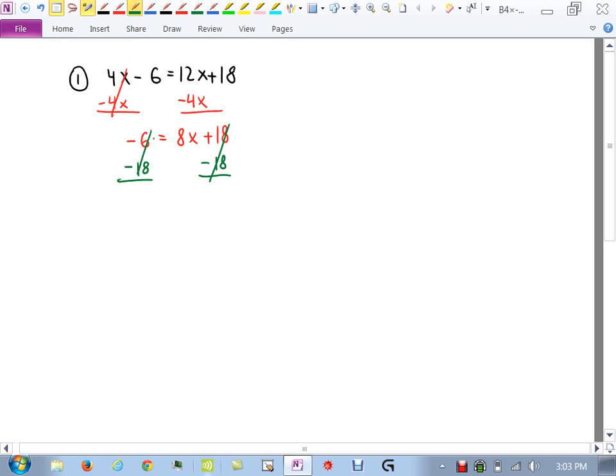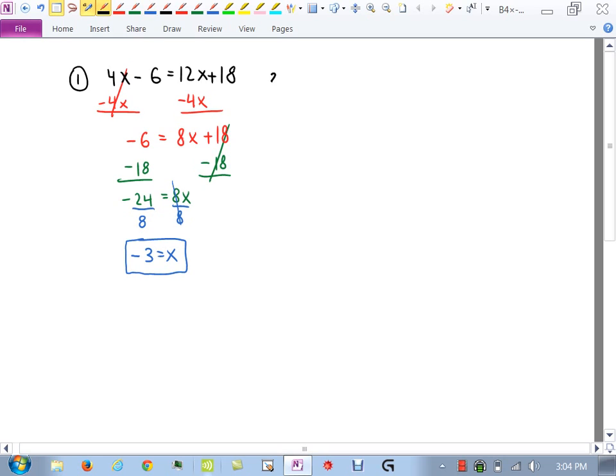Oh, those don't cancel. Sorry, undo that. Those actually become negative 24. And then on this side I have 8x. Now I will divide both sides by positive 8 to get the x to have a coefficient of 1. So basically that goes away, and over here we get negative 3. So x is negative 3 is the answer to the first one.